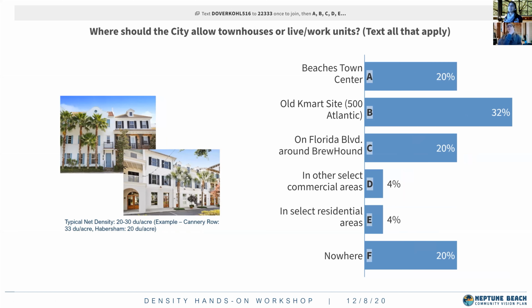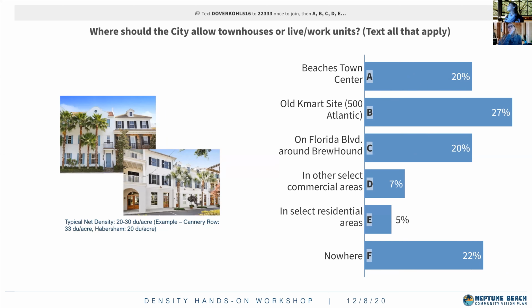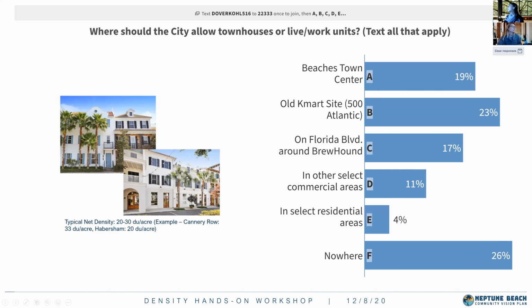And we've also picked these examples that could potentially also fit within the height limitations and all of that that are currently existing in Neptune Beach. Okay, a couple more seconds. Okay, and the last one.